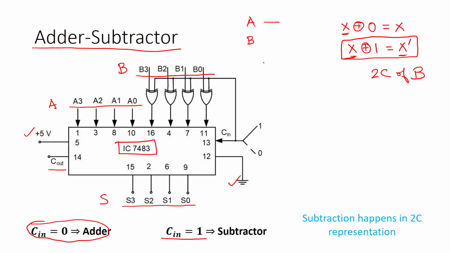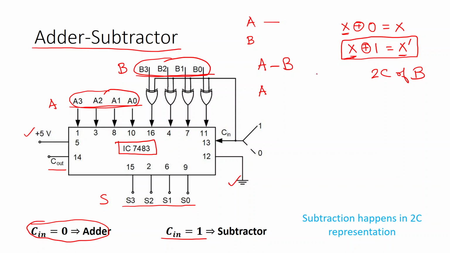So if you have to do this operation A minus B, then what exactly you are doing? You are taking the A number here, you are taking the B number here, and then making the Cin 1. That's all you are doing. So what it will effectively do?